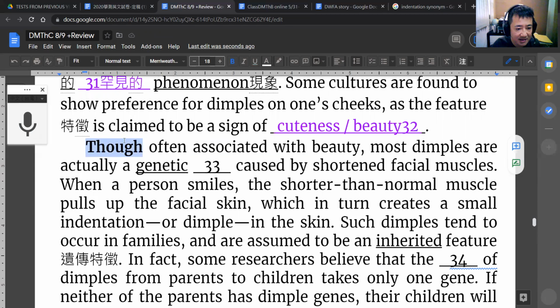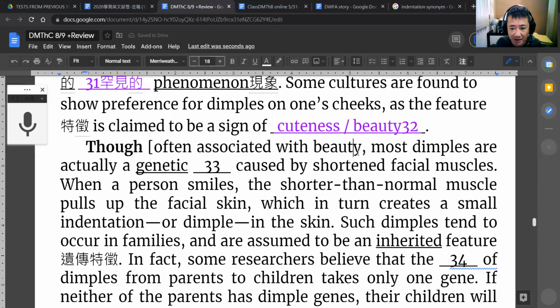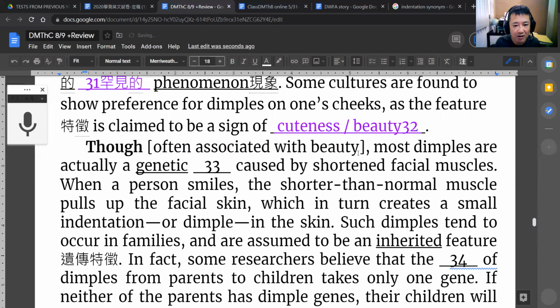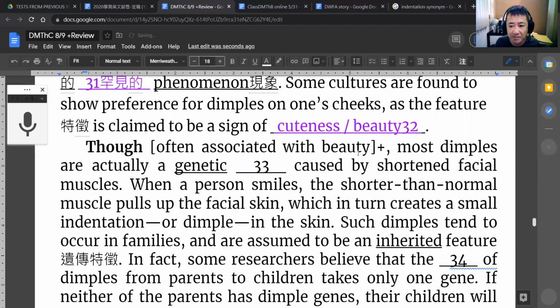What I mean by that is though this thing, 这个东西, is it positive or negative? Though often associated with beauty, that's a positive thing. 那是正面的. Then you know 逗号后面 that part is going to be negative. So though and then something positive and 逗点 something negative. That's 99% going to be like that.